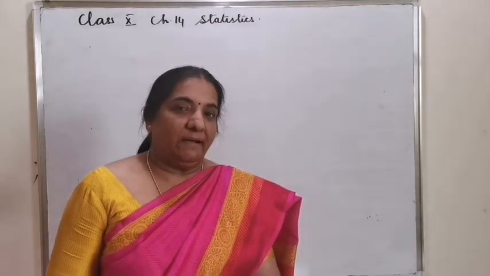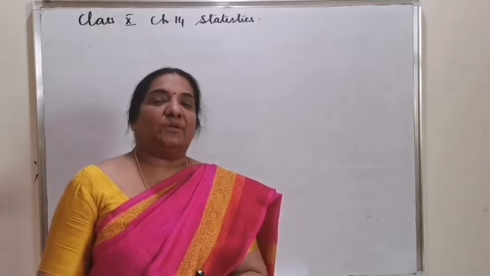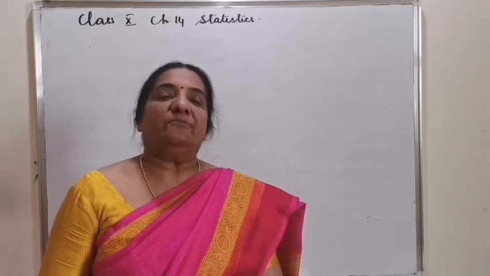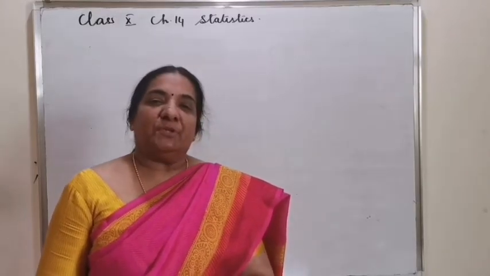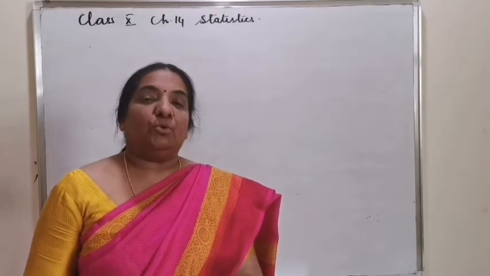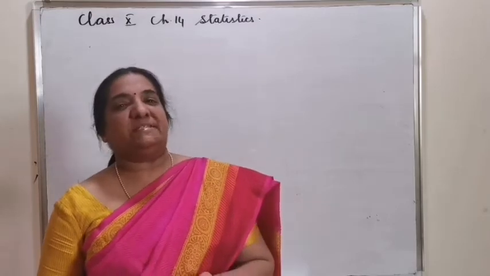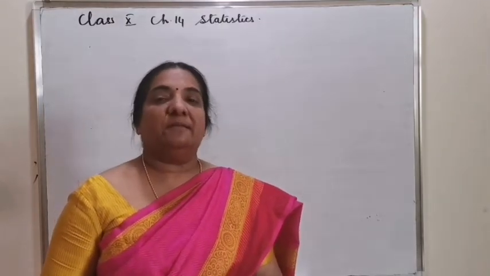frequency polygon alone. In class 9 you were doing histogram with frequency polygon and frequency polygon alone. You were representing in a graph paper. Now this year you will be learning to represent a cumulative frequency distribution in graph paper.